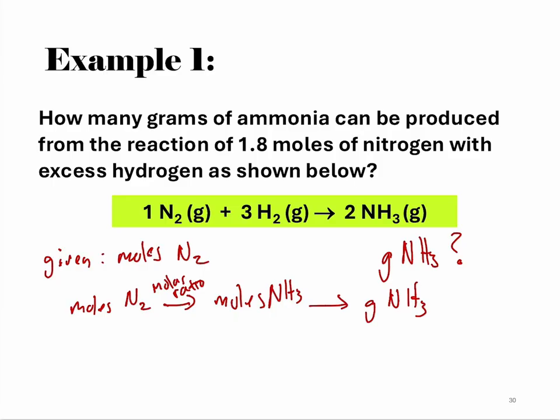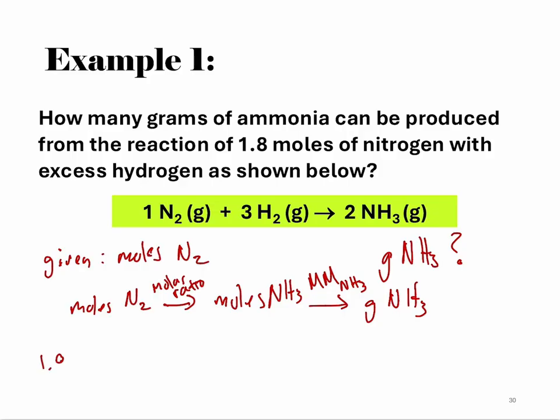And what about from moles of ammonia to grams of ammonia? Then you use the molar mass, and the molar mass of what? Of ammonia, right? Because once we're in moles of ammonia, we can only go to grams of ammonia using the molar mass.